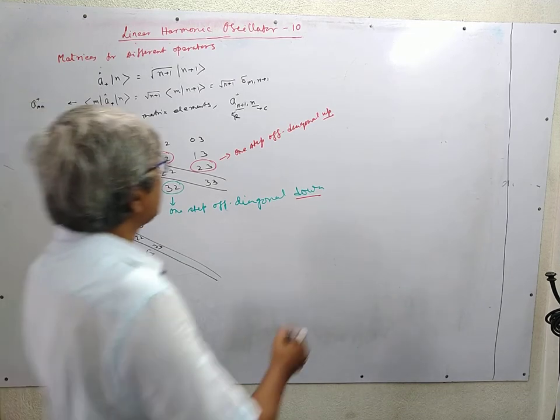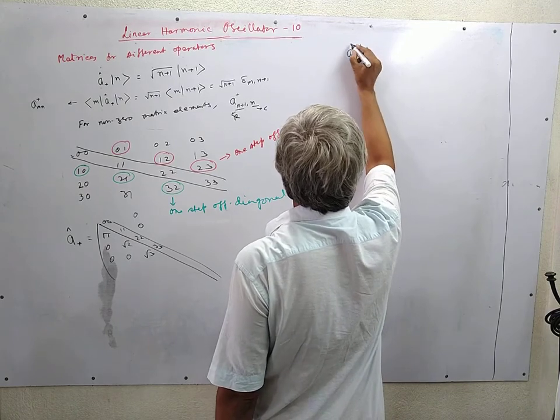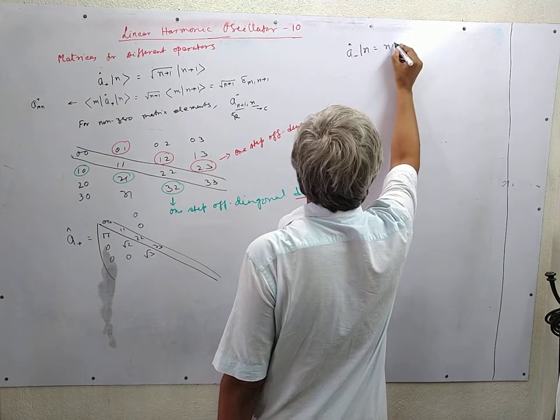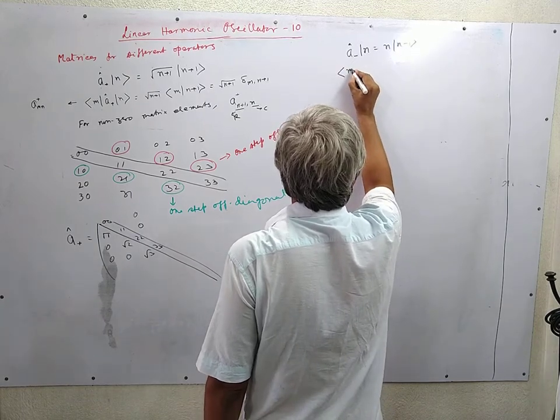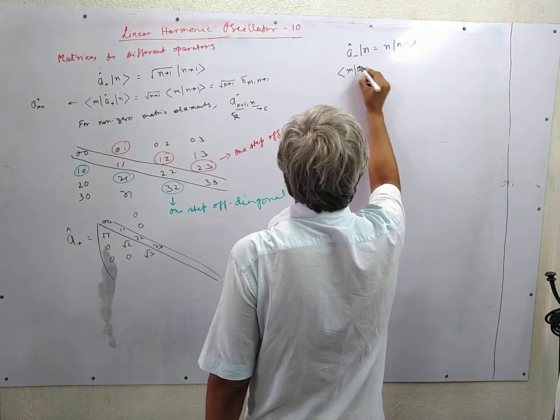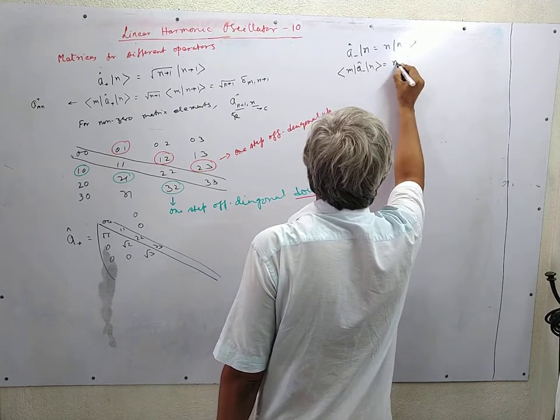Similarly, if we go to the matrix elements for A minus, operating on n gives you square root of n times n minus 1.